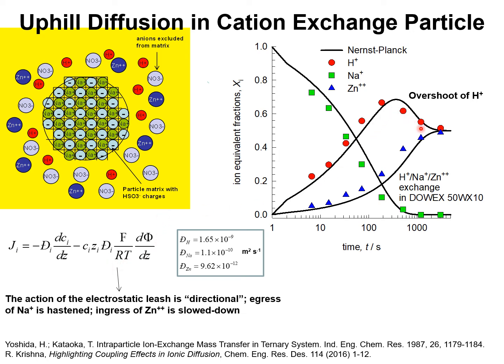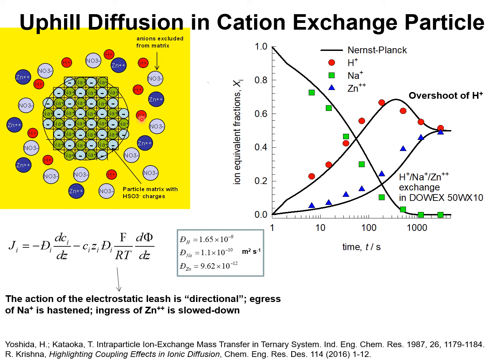The explanation in simple physical terms for the overshoot of H plus is as follows. The ionic diffusivity of H plus is about 1 to 2 orders of magnitude higher than that of sodium and zinc inside the ion exchange particle.